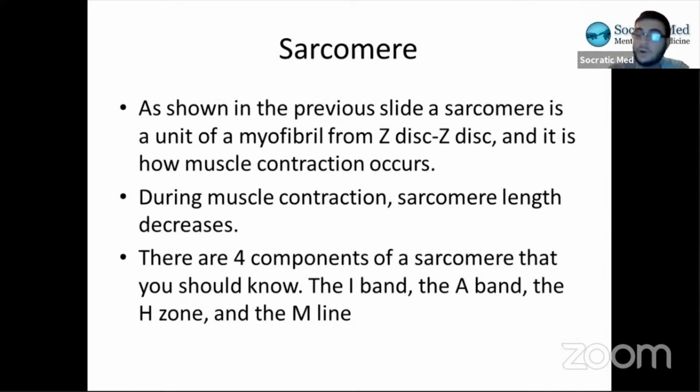A quick way I memorized this is, in order it goes I, A, H, M, and then from both sides, so it would be H, A, I. Really you just have to know I, H, M. I am, and that's a good way to memorize the order of the different bands or zones, from left to right or right to left, going from the outside to the inside.